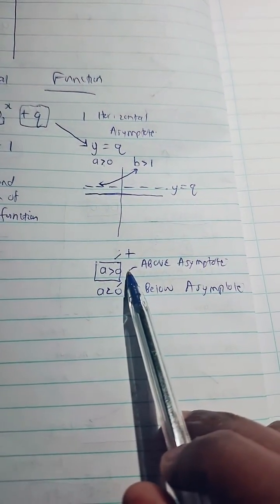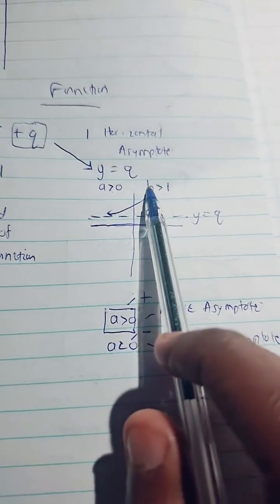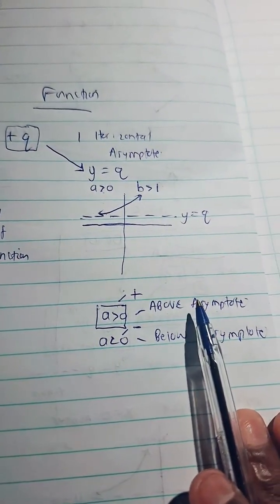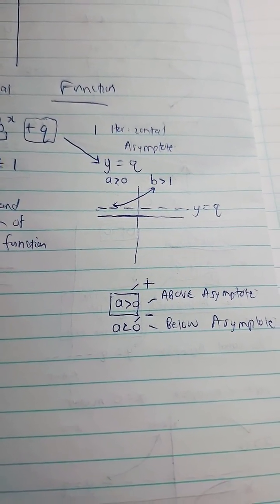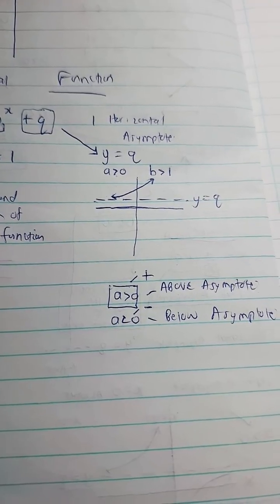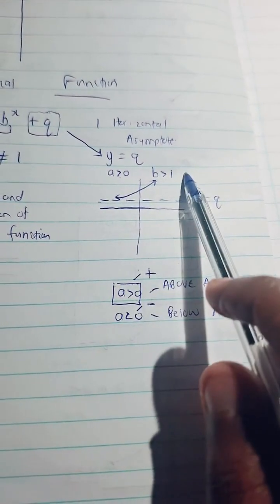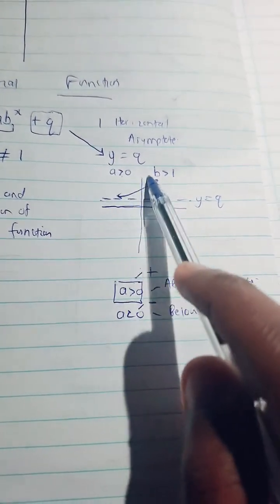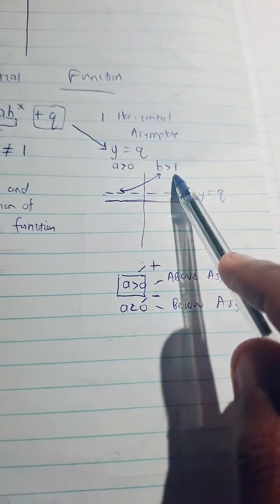Anything greater than 1, guys, means 1.1, 1.2, anything above 1. That is the shape and position of your function. It's found above the asymptote, as a greater than 0 suggests, and it will increase above the asymptote. That's one situation. Let's look at another scenario.